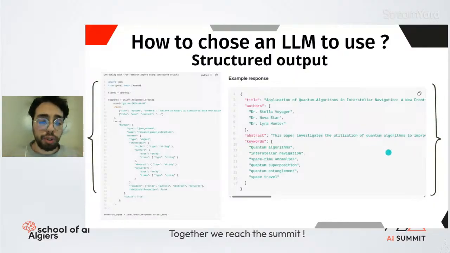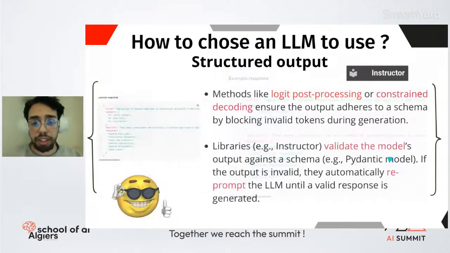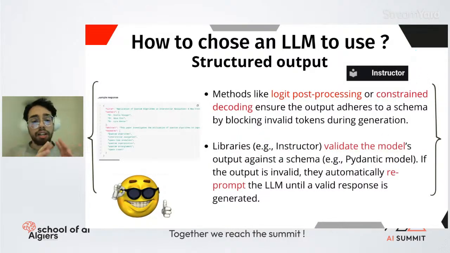We will go into the details of this function in the next slide. There are some other libraries that do the same thing, such as Instructor. And there are a lot of techniques that are used after the inference. It is not fine-tuning, but it is really clever. I just want to show you in the next slide how it is done.